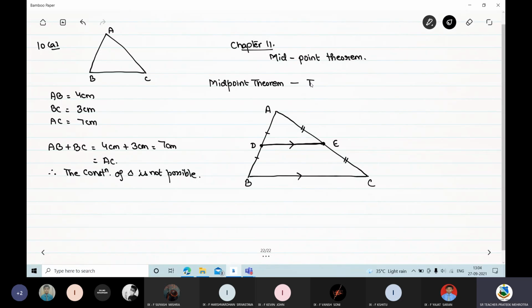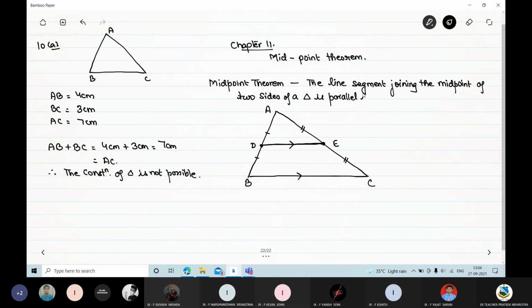So it says that the line segment joining the midpoints of two sides of a triangle is parallel to the third side and is equal to half of it.